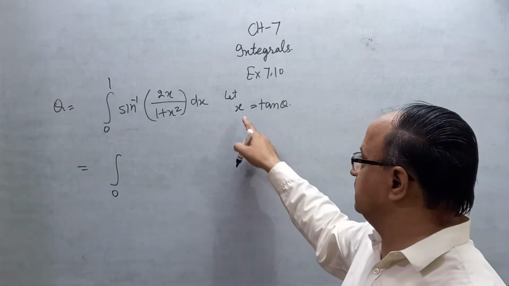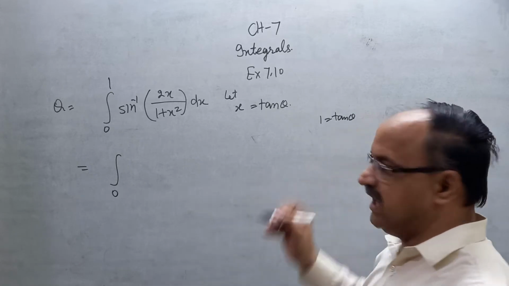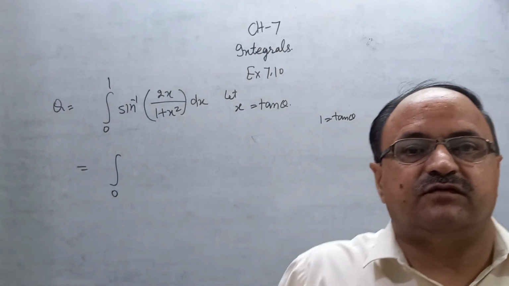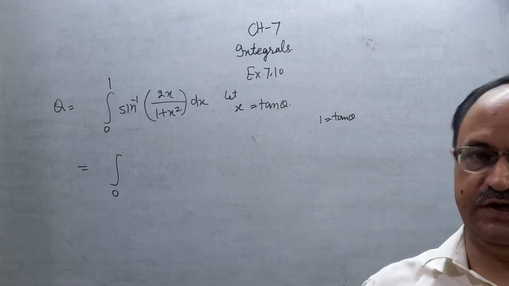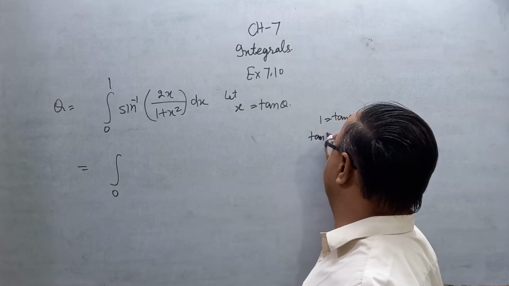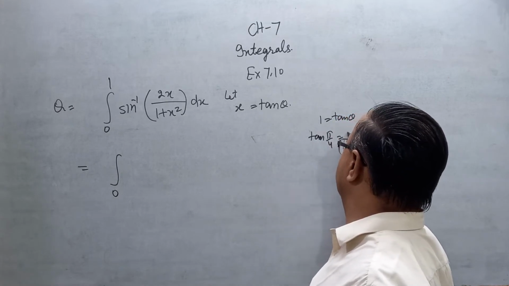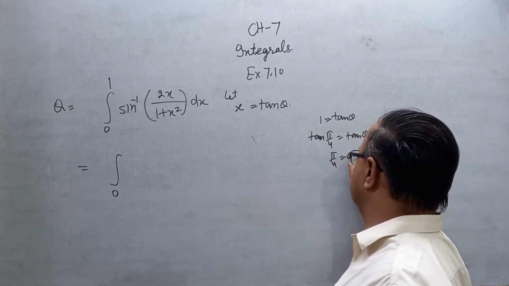When you put 1, can you tell me the value of theta for which tan theta is 1? Tan 45, that is tan pi by 4. Comparing, theta is equal to pi by 4. Clear?